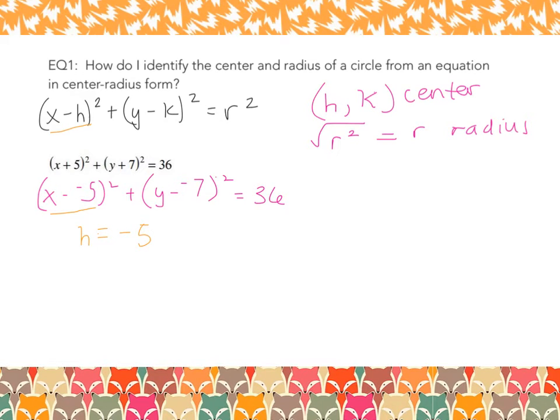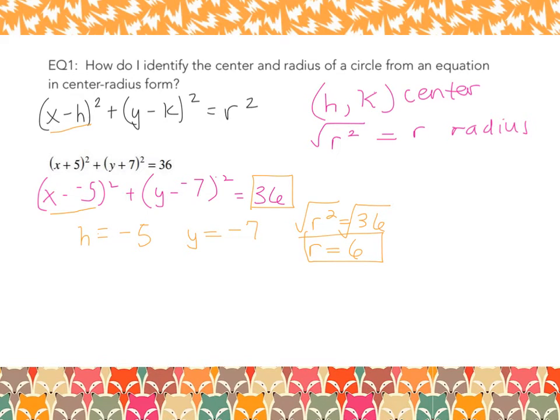And then y minus k, I have y minus negative 7. My k value is negative 7. And then all of this is equal to the radius squared. So if r squared is equal to 36, I have to take the square root of both sides to find r. So r is equal to 6.